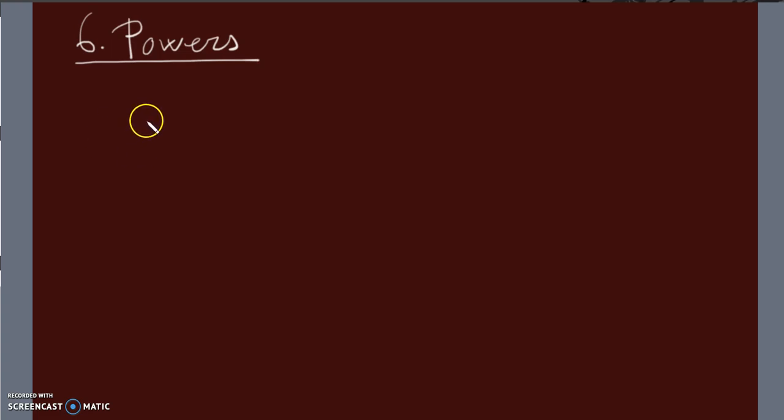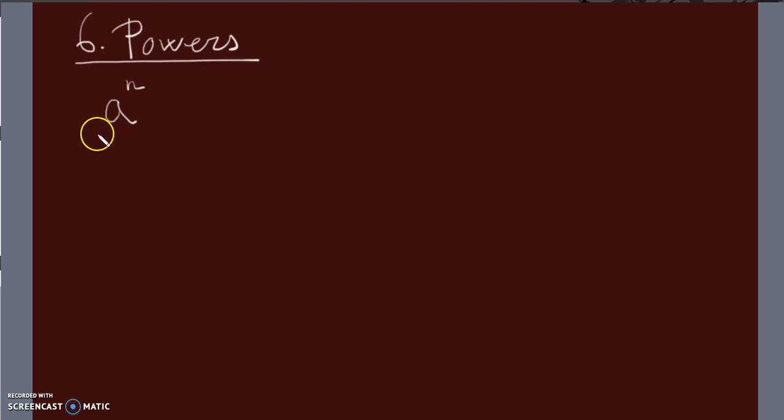Well, in this point, powers. Everybody knows the powers. If we write a power using letters, we read this in English as a to the power of n, or a raised to the power of n, or a to the nth power, okay?